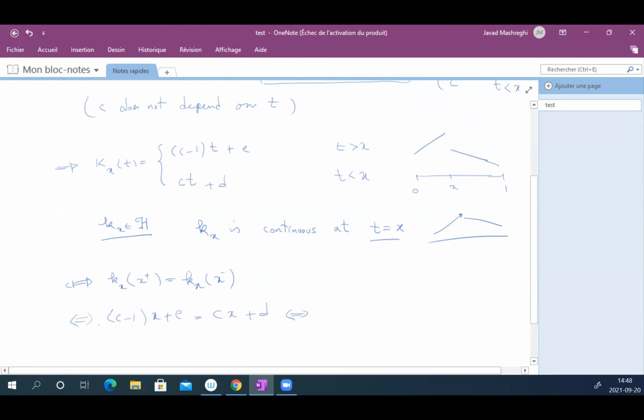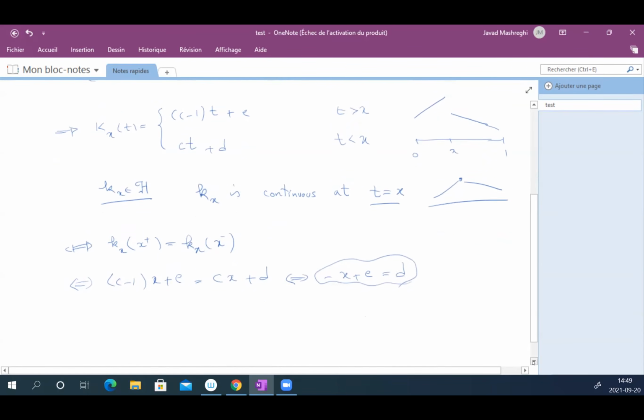So c x with c x simplifies, so minus x plus e is equal to d. It's a relation between the two constants e and d, and these constants have to depend on x. So we can get rid of one of them.